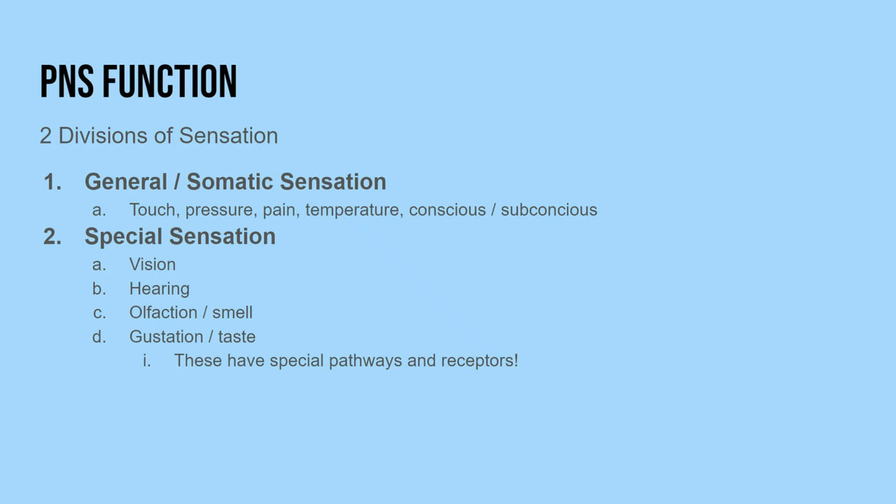Special sensations are more on your face pretty much. So it's vision, hearing, olfaction, which is smell, and gustation, which is taste. These all have special pathways or receptors that we're going to go over. But yeah, general sensations versus the special sensations.